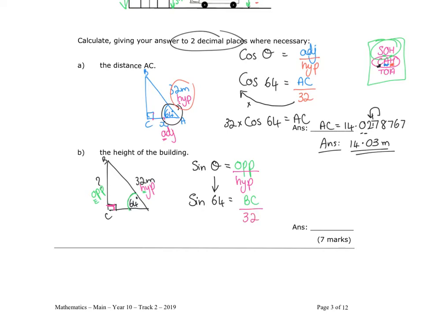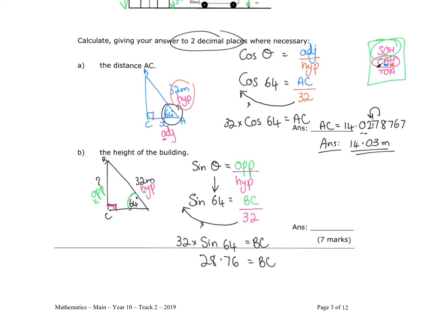Now, subject of the formula to find BC. So this should go up there as multiplication. 32 times sine 64 equals BC. So use a calculator. You know where your buttons are on the calculator, okay? We check them out in class. So 28.76 to 2 decimal places.